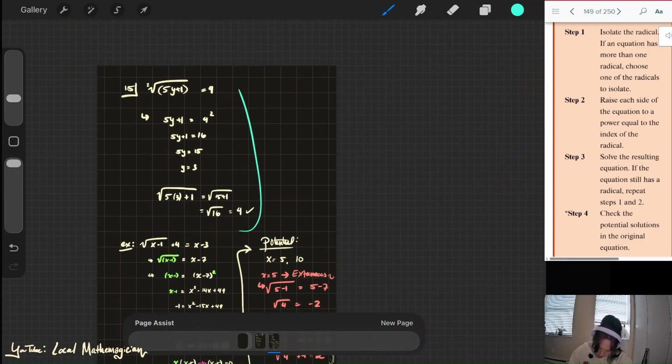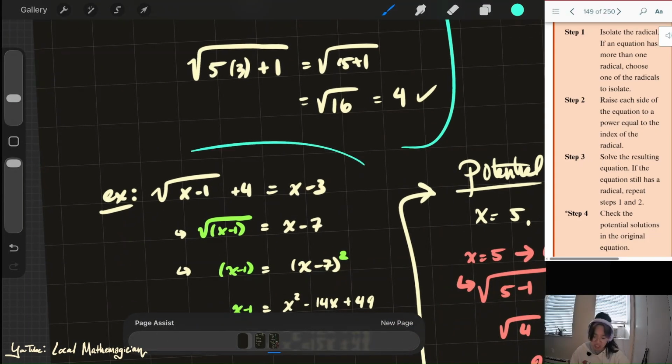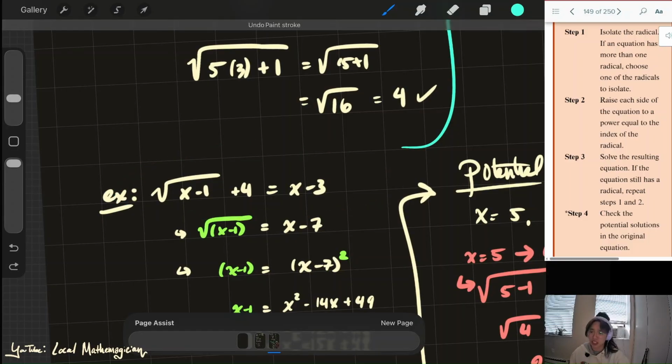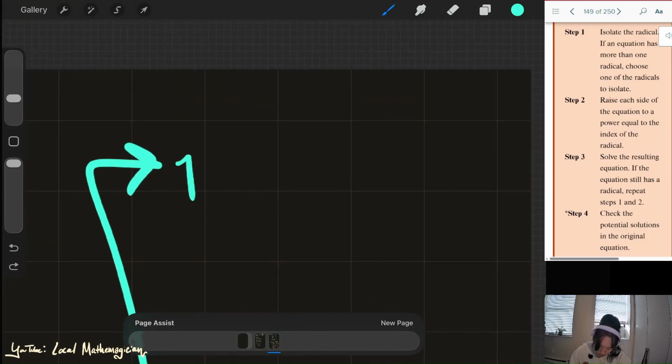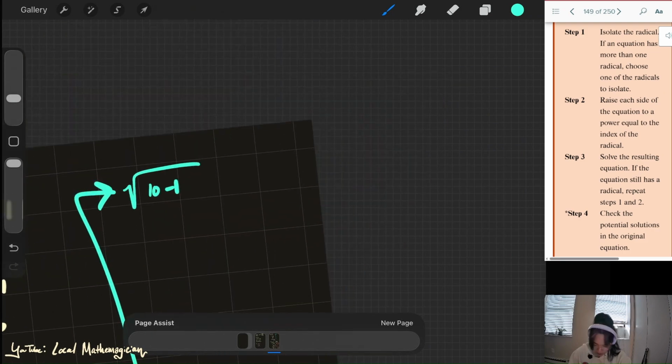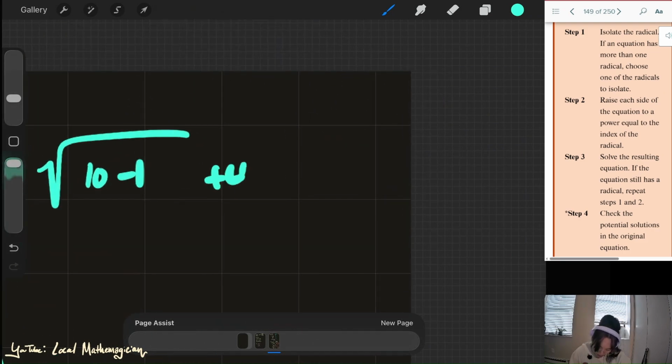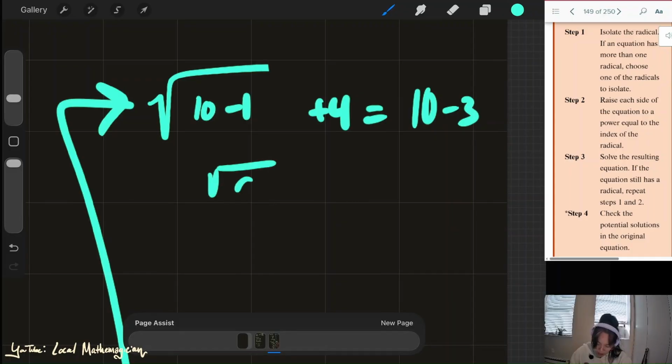Let's do that. Let's plug into the original equation, just for the love of the game. Root 10 minus 1 plus 4 on the outside. The 4 does not belong under the radical, is equal to 10 minus 3. 10 minus 1 is 9, plus 4 is equal to 10 minus 3 is 7.